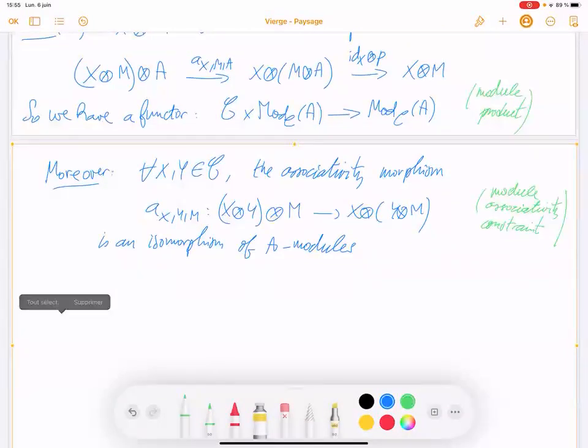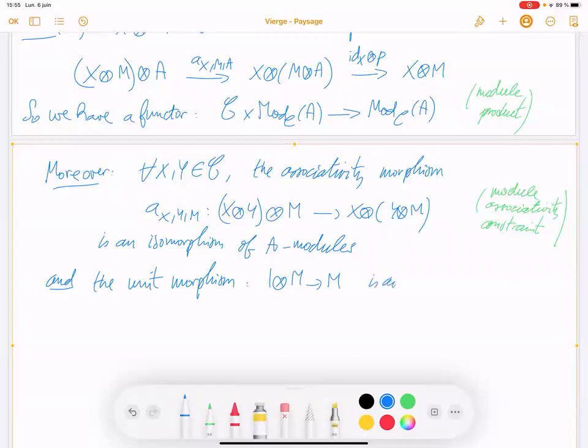And finally, the module unit constraint, the unit morphism is also an isomorphism of a module.